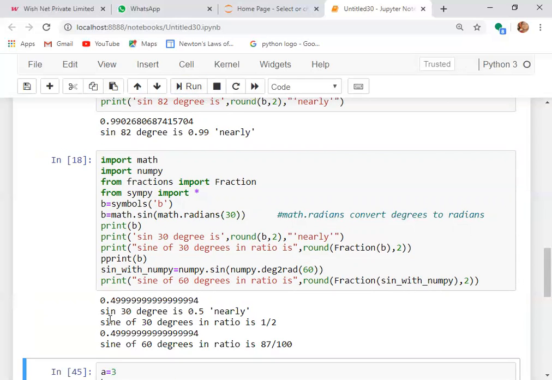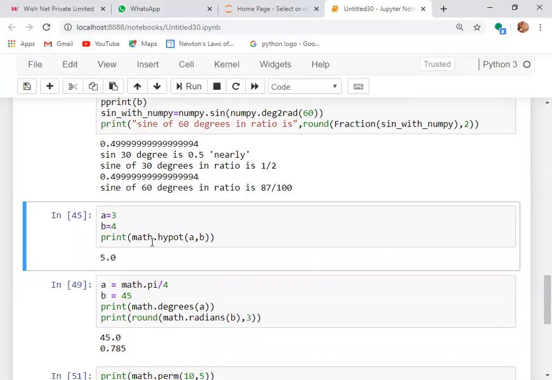See that sine 30 degrees is nearly 0.5, and now see the action of the fraction module. The sine of 30 degrees in ratio format is half. And you know that sine 30 in almost all books is given as half.